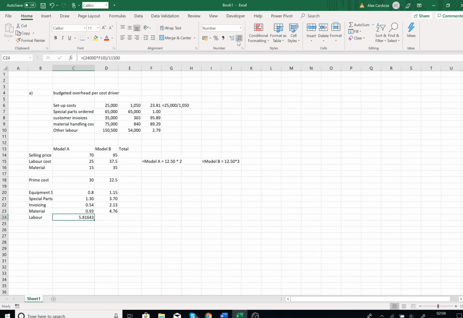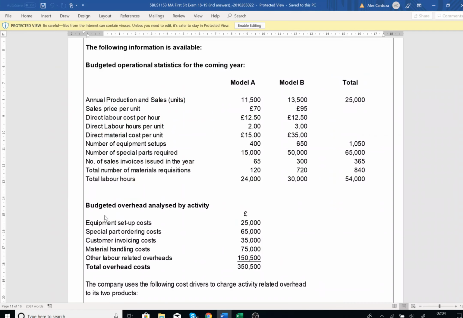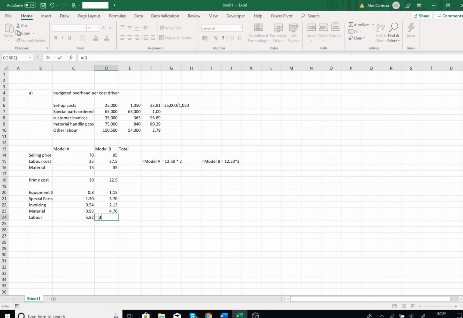We want to see how much we're making per unit, because ultimately these costs are going to be what we incur anyway. So we just want to make sure what the most profitable thing is times that. Divided by 13,500. Sorted.